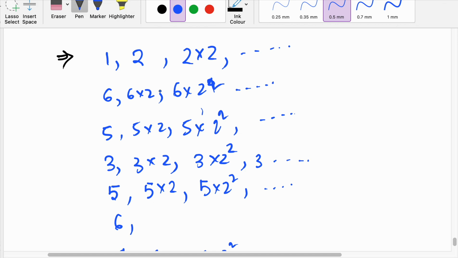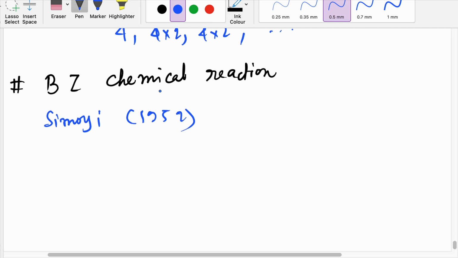Then if I increase the stirring rate or the flow rate, a 6 period orbit will appear, and it will again multiply and become chaotic again, then a 5 period orbit appears, then chaos again, then 3 period, then 5 period, then 6 period. They observed that in the experiment. You find that in this paper, Simoyi et al. This is the BZ chemical reaction.